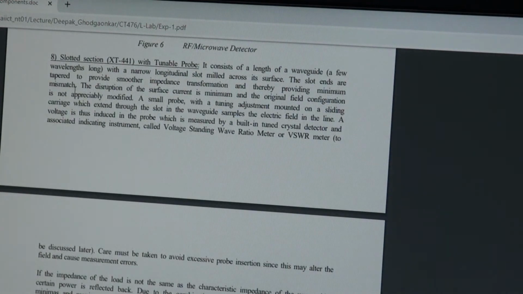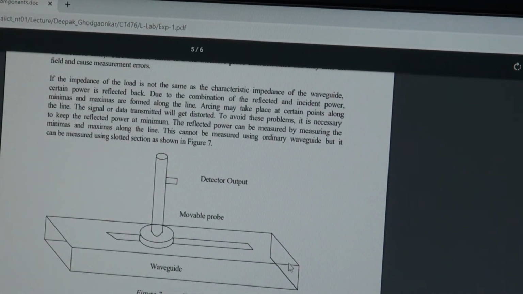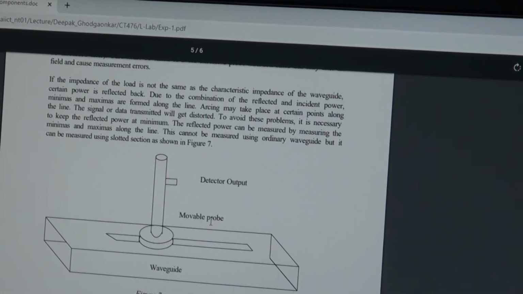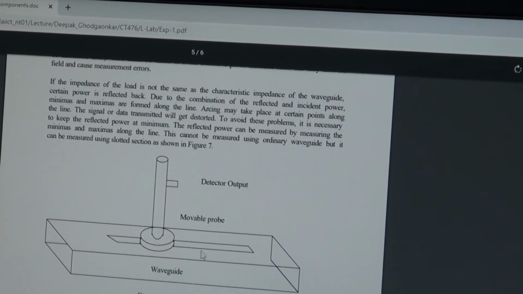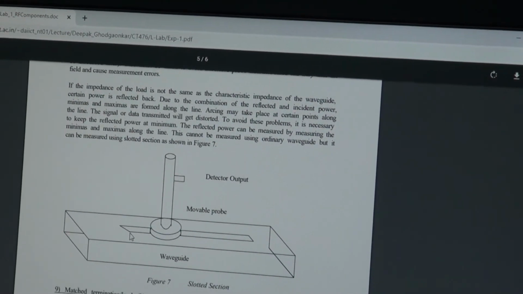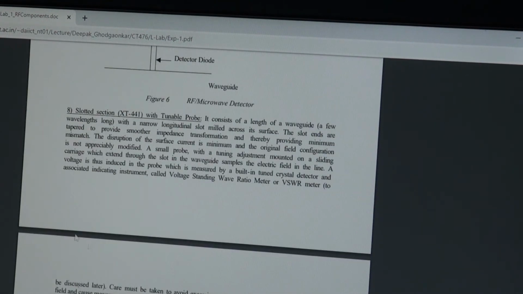And the eighth component is the slotted section with tunable probe. This is the slotted section, this is the movable probe, this is the detector output, and here is a slot in the middle of the waveguide. The detailed description is also available in section 8.